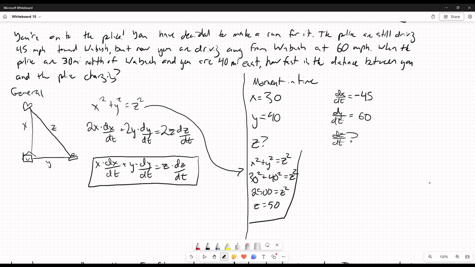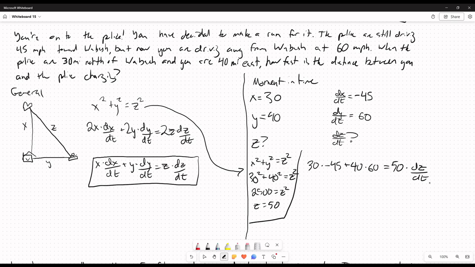We're going to have x, which is 30, times dx/dt, which is negative 45, plus y, which is 40, times dy/dt, which is 60, equals z, which is 50, times dz/dt. So I have to do a little tiny bit of math here.